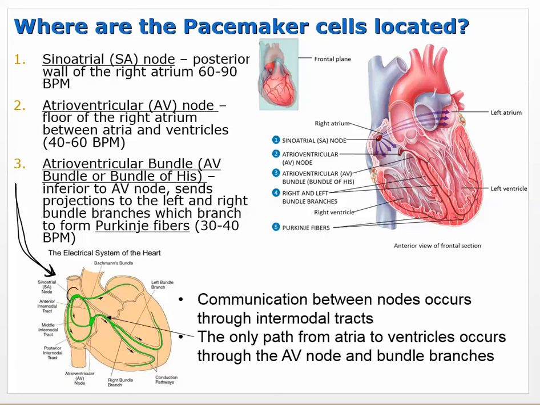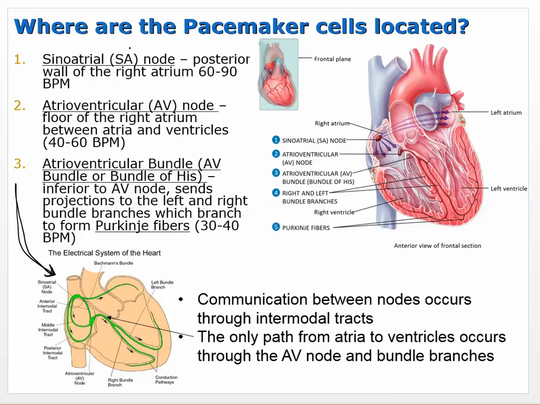So if we have depolarization at the SA node that takes place right here, then it can spread to the atria, and all of the atria then can contract at the same time because it also spreads to those gap junctions. Well, then it also moves down here to something called the AV node, okay, and then it will pause, okay, and then the ventricles will all contract at the same time.